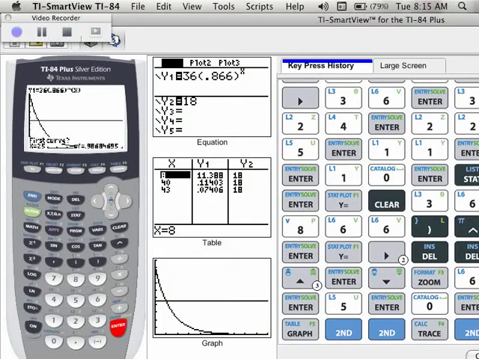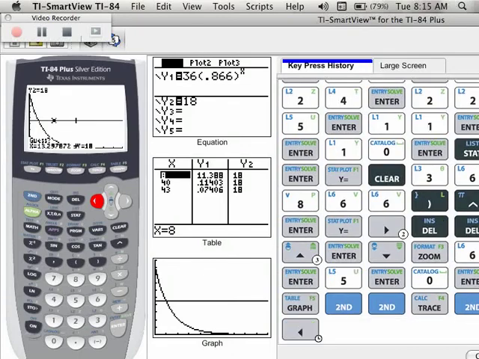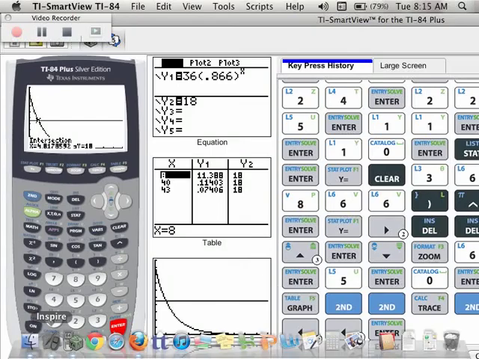Enter, enter, enter. So I'm going to guess somewhere to the left here, and hit enter, and it tells me that they're intersecting at 4.82. So I write that down, 4.82.